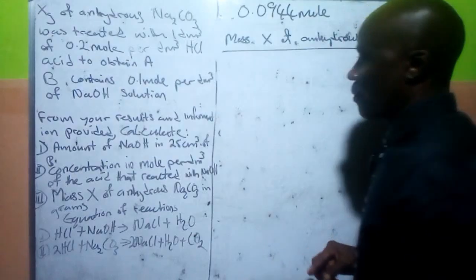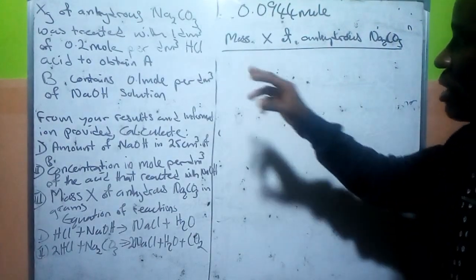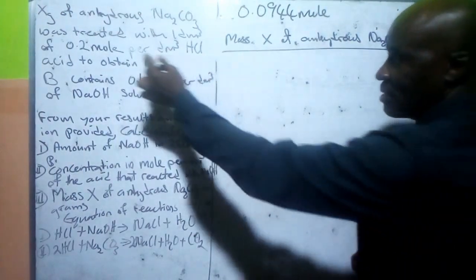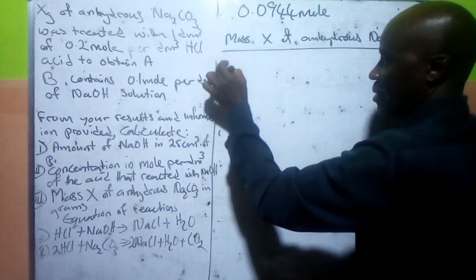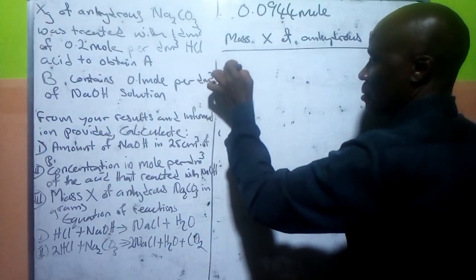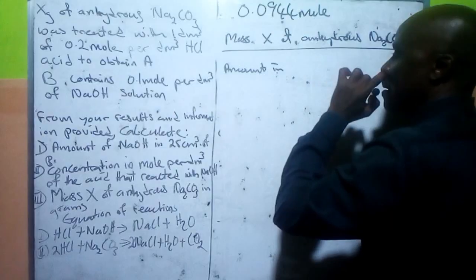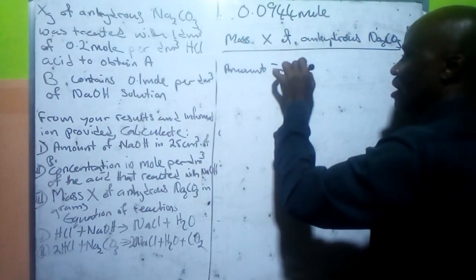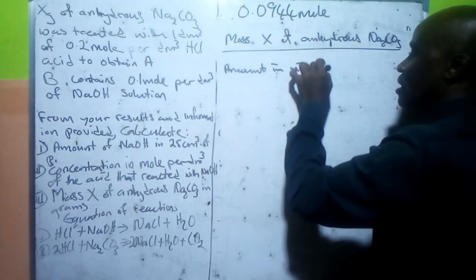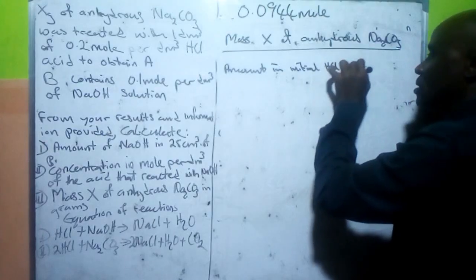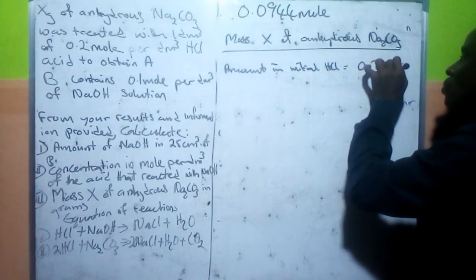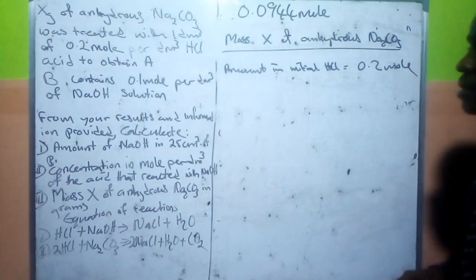So to do this now, the first thing we know is that the initial hydrochloric acid we have here is 0.2 moles.